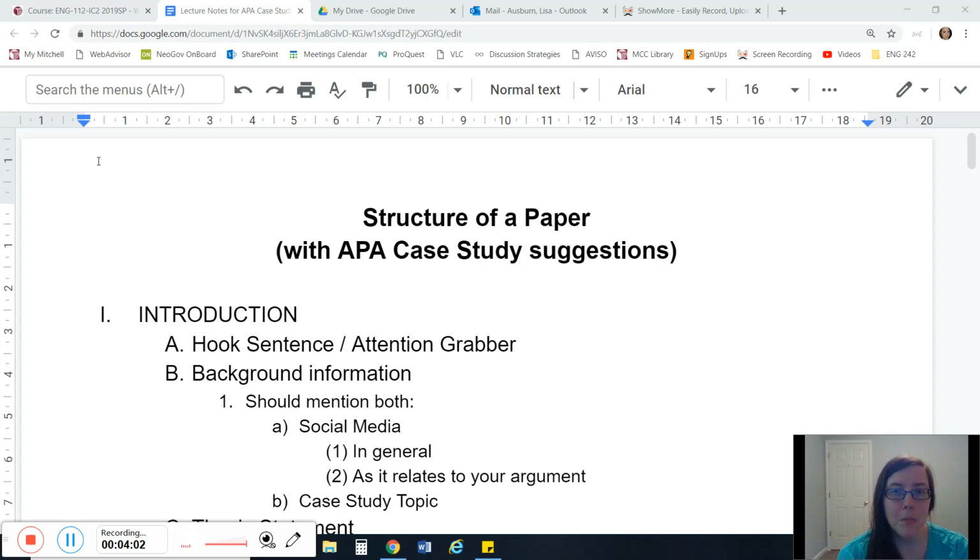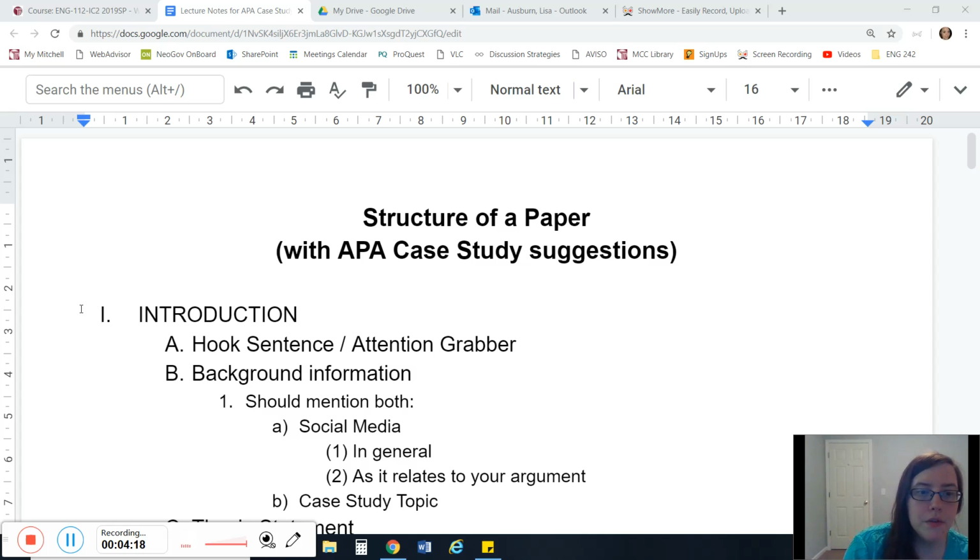If you're picking a person, I think it's important that your attention grabber or hook sentence mention that person, but in relation to social media. Same with an event or some kind of meme, or a company or something like that.